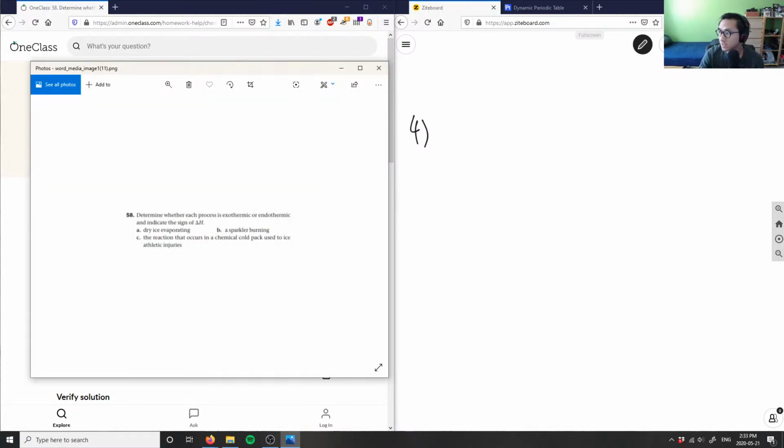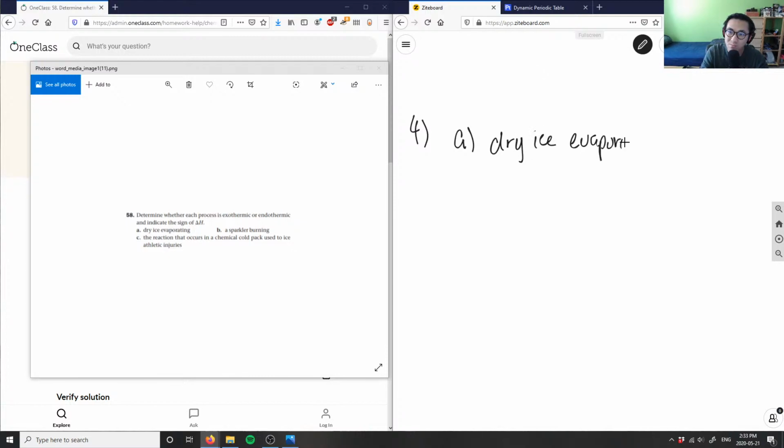It says here, determine whether or not it's exo or endothermic. So I have A here, which is dry ice evaporating. B here is a sparkler burning. C here is the reaction that occurs when a chemical cold pack is used.